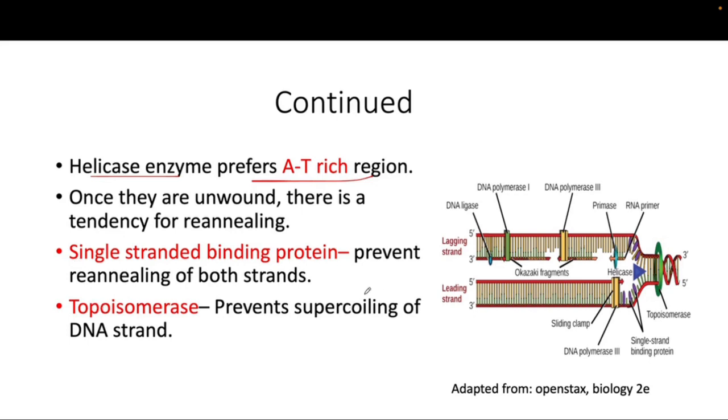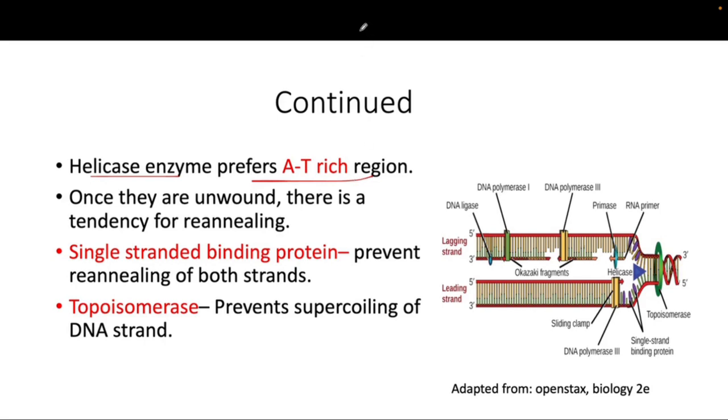And as helicase is opening up the DNA, there is also a tendency for supercoiling, right? As the helicase is opening up the DNA, there are more chances of them to supercoil, which also prevents the DNA replication from occurring. And to prevent this, there is another enzyme known as topoisomerase.